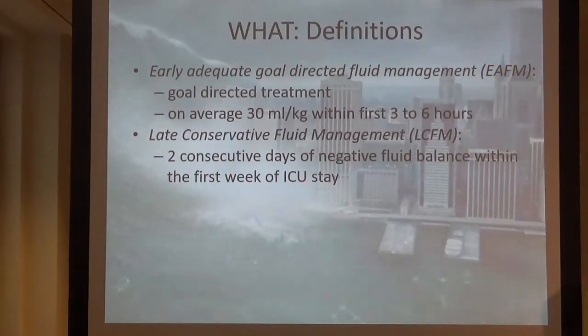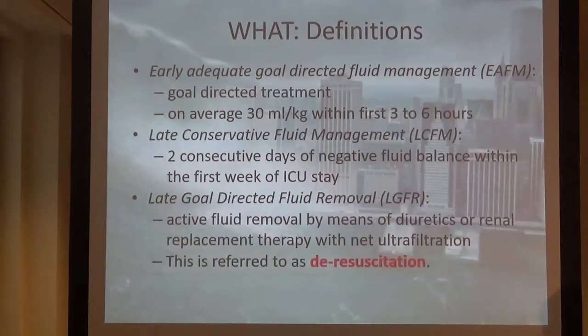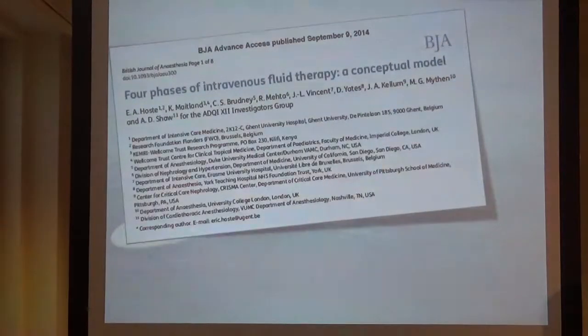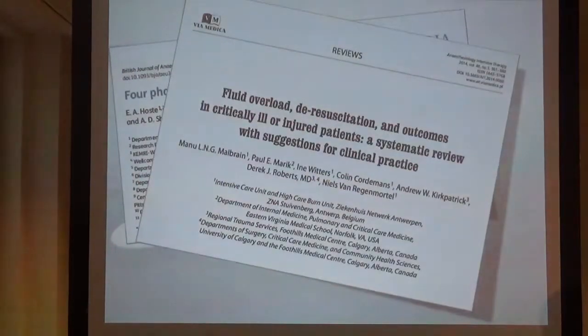Late conservative fluid management is 2 consecutive negative fluid balances within the first week of ICU stay. And late goal-directed fluid removal is the active removal of excess fluids, and this is what we refer to as de-resuscitation.